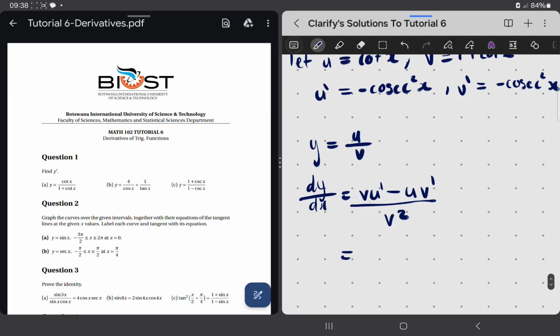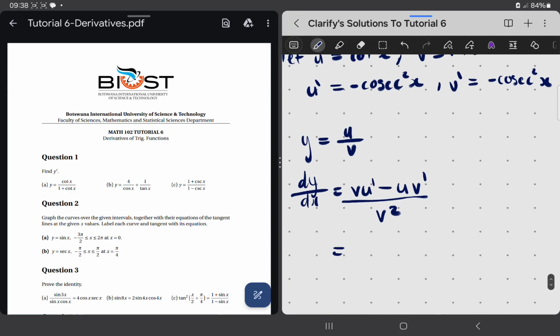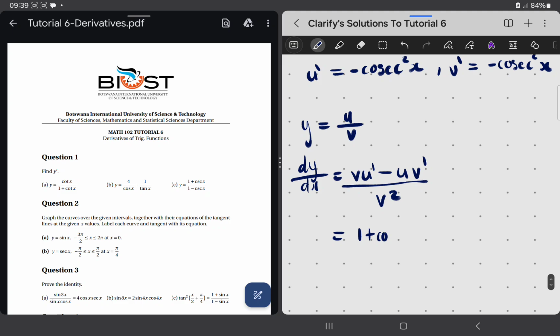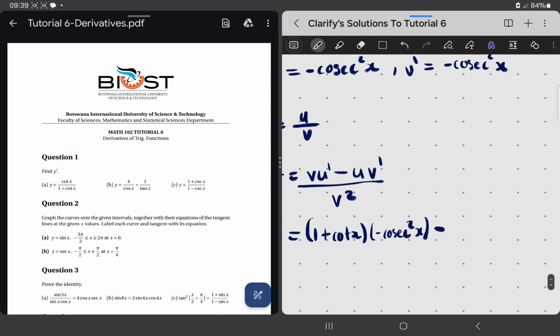So it's going to be, what is my low? I can just go and take my v. It's 1 plus cot x, and this is multiplied by the derivative of the top, which is negative cosec squared x. Then minus high. What is my high?